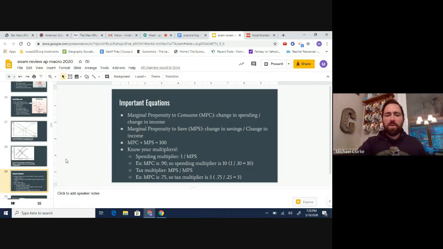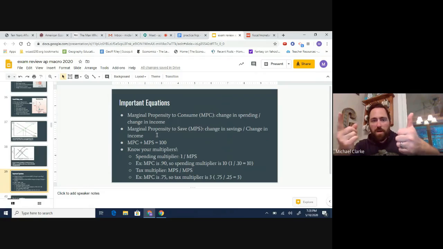The two types of spending habits are listed right there in the first two bullet points. If I gave you an additional dollar right now, a dollar bill, George Washington, and I asked you, of that $1, how much are you going to spend? How much are you going to save? Because remember, people can only do two things with money. They can either save it or spend it. Those are the only two choices you have.